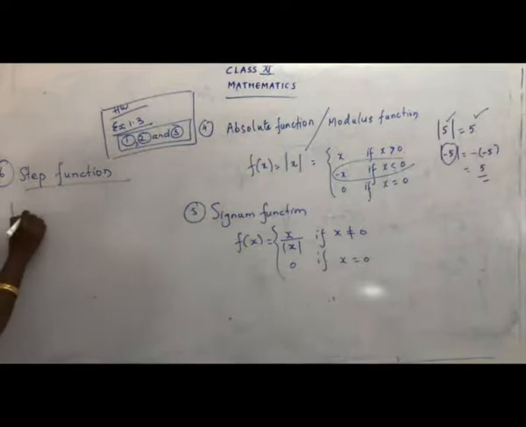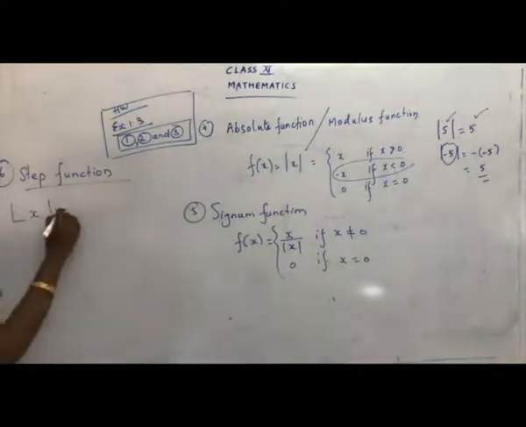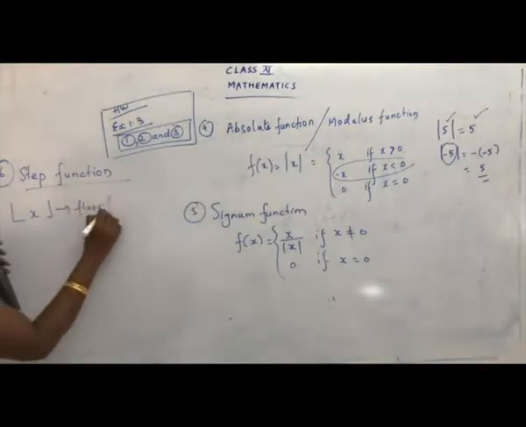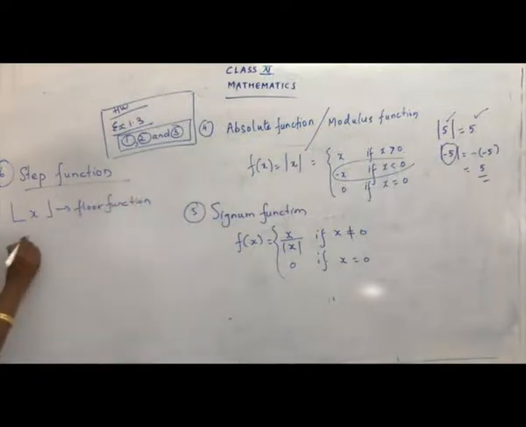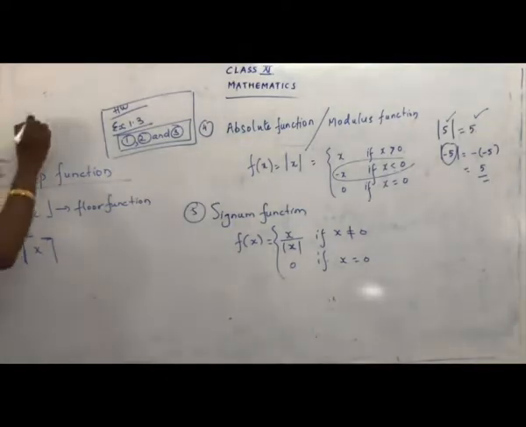See, if you have an integer in this part, the base part, can you see the L is touching the ground part? So you call this type of function a floor function. If the L is on the ceiling, that is, it starts from the top to bottom, this L is lying on the floor and here the L is lying on the ceiling. Ceiling means a ceiling fan, you can take an example of a ceiling fan, it is over the head.